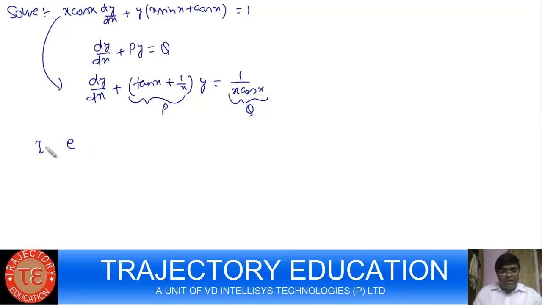So the integrating factor is going to be e to the power integral (1/x + tan x) dx. See this differential equation of first order is very, very important. This is e to the power log x plus log sec x, or this is x sec x.